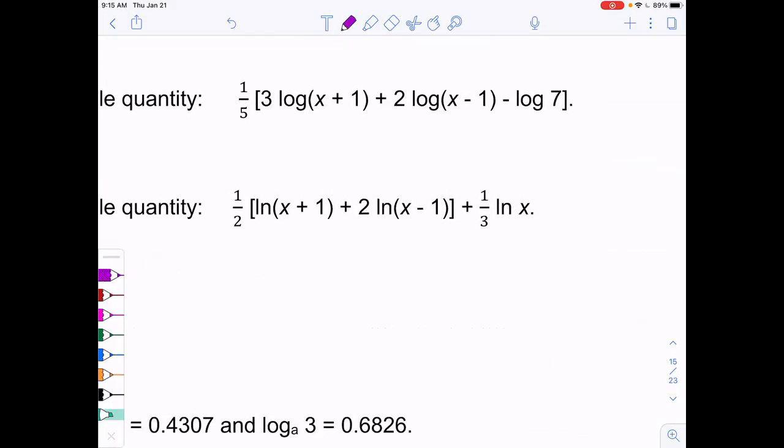Jeremy, what happens with the 3 in front of the first log and the 2 in front of the middle log there? Yeah, so it cubes it or it squares it. So let's change those. I'm going to make this a 3 and make that a 2.